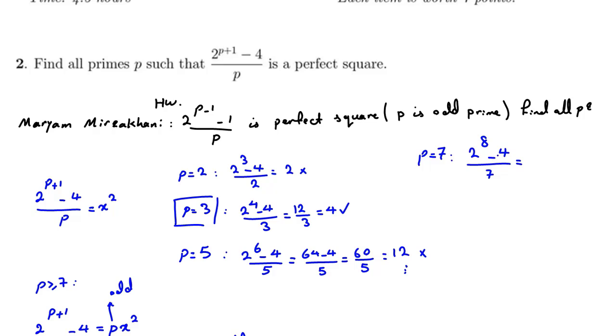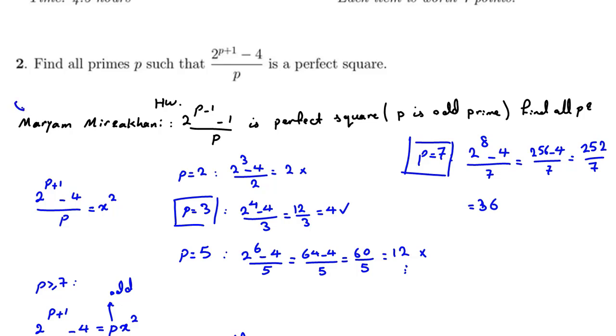I'm sorry, 2 to the 8 is 256, so let me replace it: 256 minus 4 is 252. 252 over 7, if you divide, is 36. It is another perfect square, so p equals 7 also works. So we proved that except p equals 3 and 7, there is no answer for this problem.